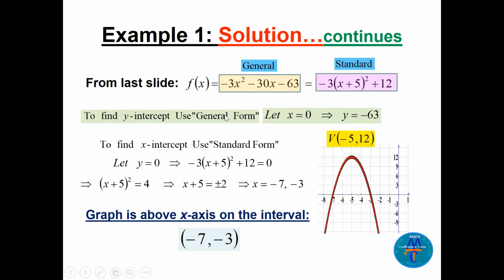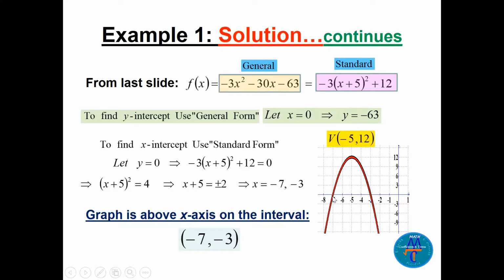Now, to find the y-intercept easily, you go to the general form here. See, let x equal 0. So y will be minus 63. If you bring this graph down, down, down, it will be minus 63. Now, to find the x-intercept, it's easier to go there in the standard form. Put y equal 0, and now take this 12 to the other side, divide by minus 3, take the square root of both sides.